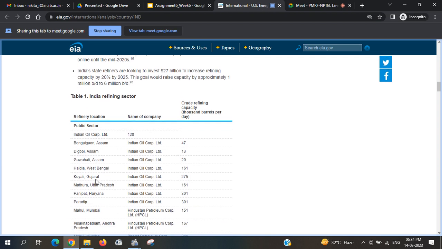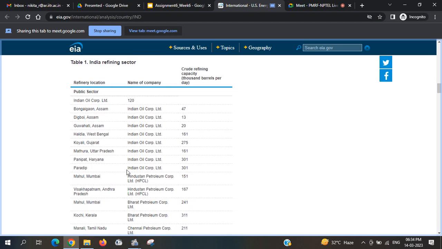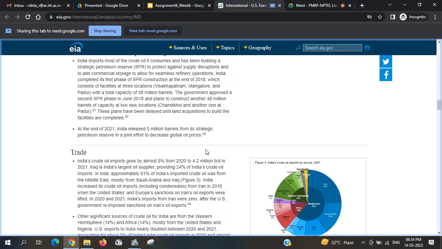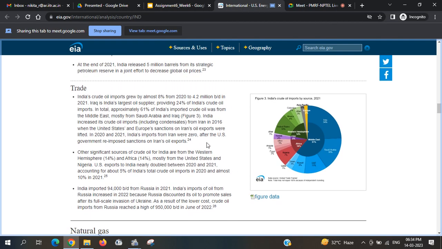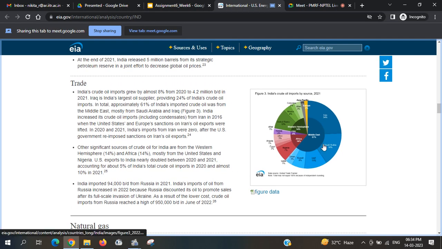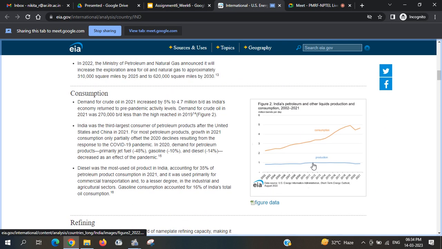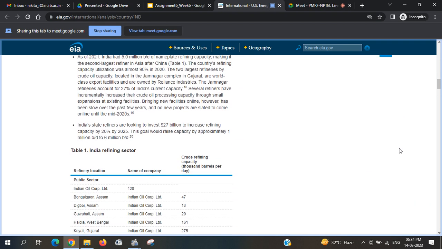Then there are also details about refining, India's refining sector, where the different refineries are located and what capacity of crude oil they are refining. There are even details about trade. As you see here, the amount of oil and other liquids which we produce is less than the amount that we consume.